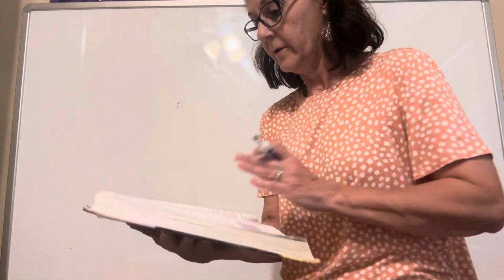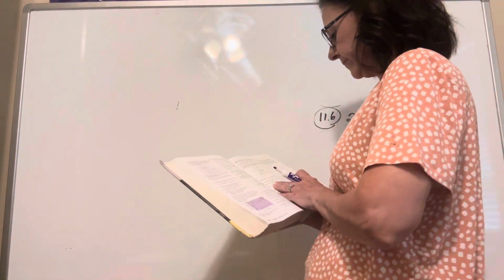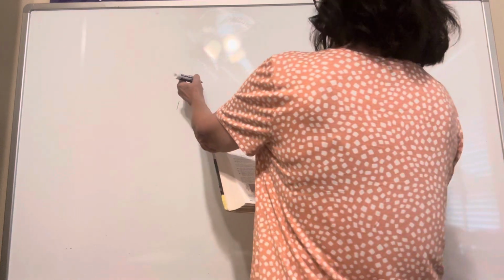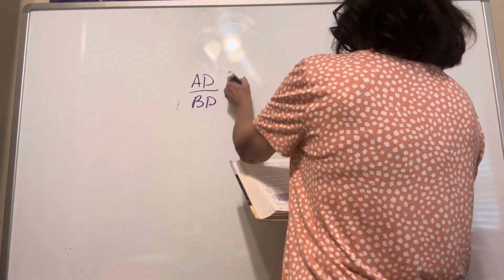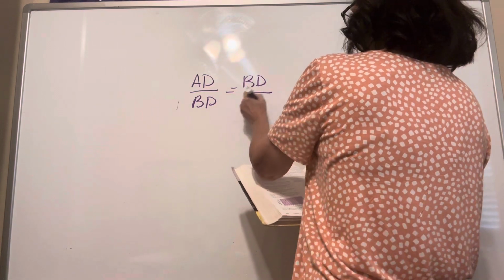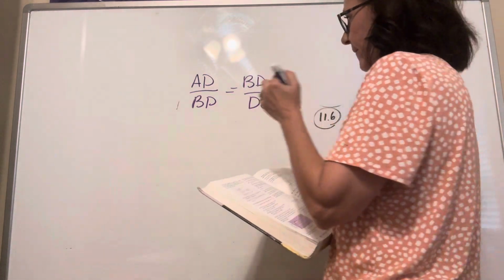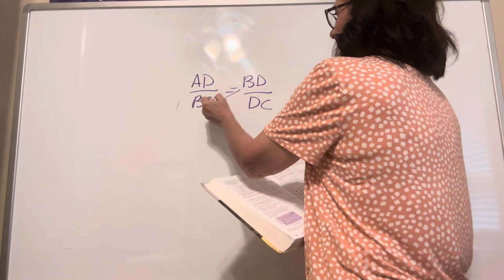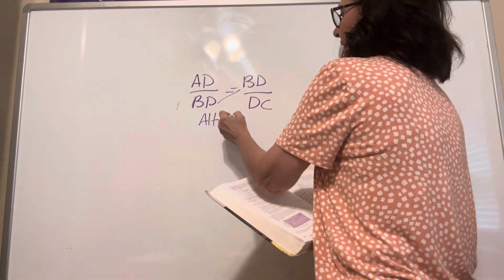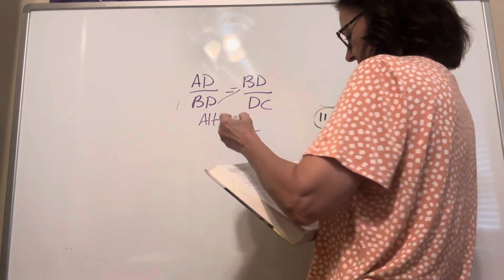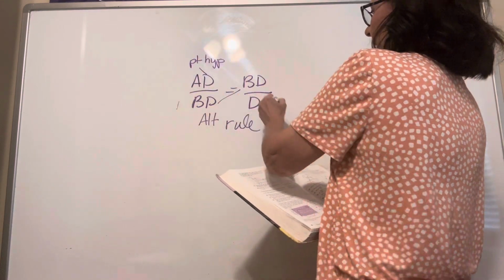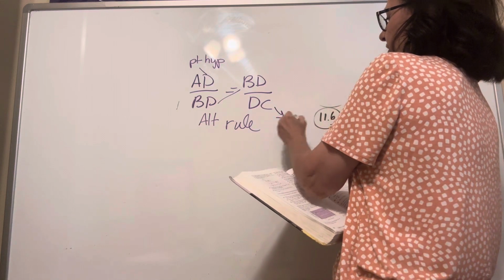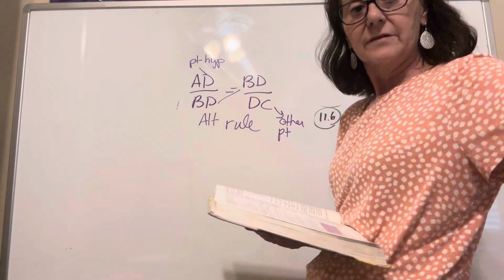All right, now 62. 62 says this: why is AD over BD equal to BD over DC? BD is your altitude. Because AD is part of the hypotenuse and DC is the other part of the hypotenuse, it's the altitude rule.